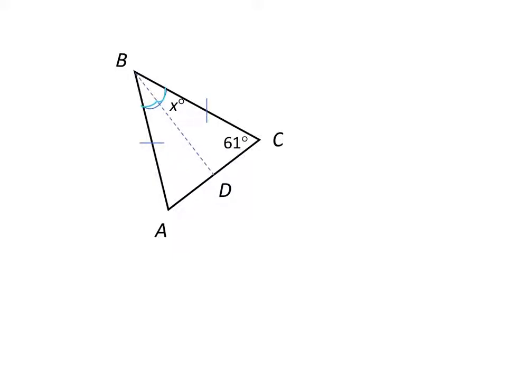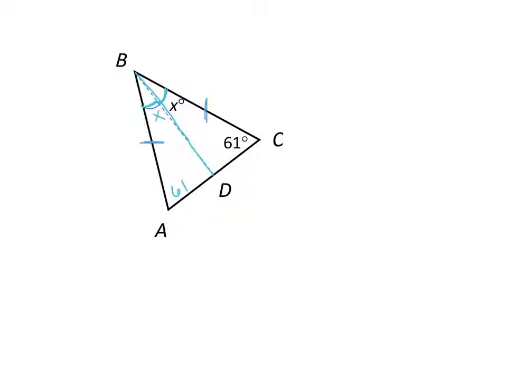Okay, so if this is your setup, you have these congruent, you have the bisector here. One of the ways you could do this, does anyone see it? Okay, so one way you could do this, because this is isosceles, this is 61 and 61, right?